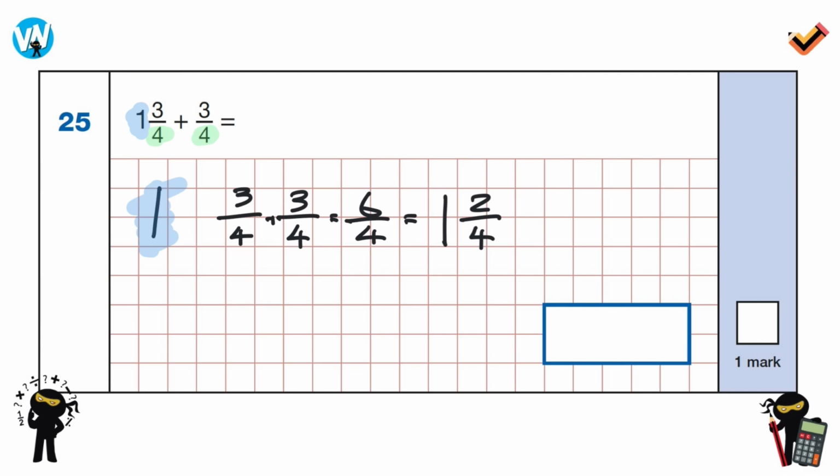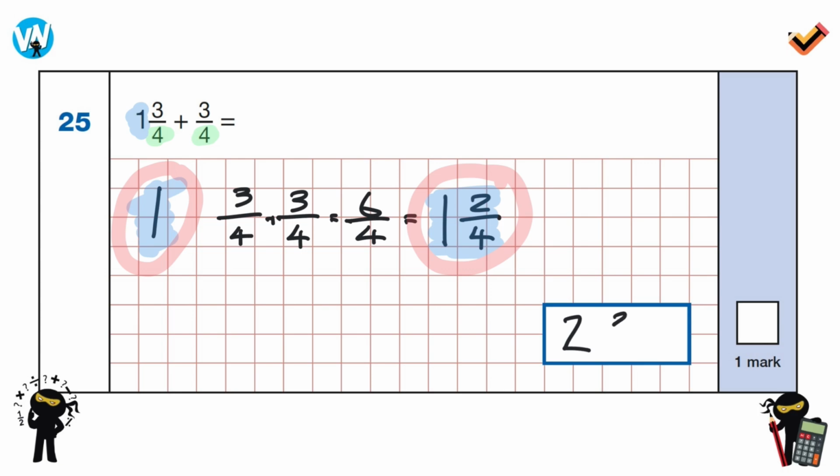At that point, because that is just the fractions part of the answer, we would need to remember to add this part and this part together. So 1 add 1 and 2 fourths is going to be 2 and 2 fourths. So very simply, that would be written in here.